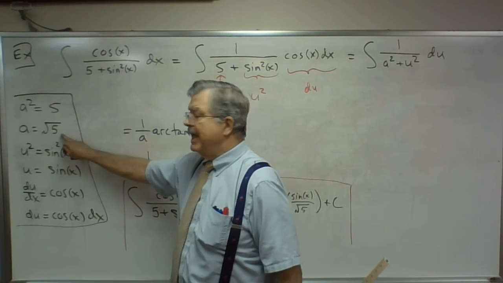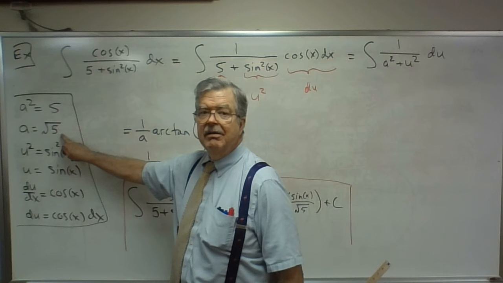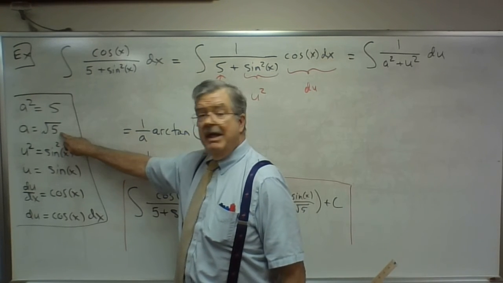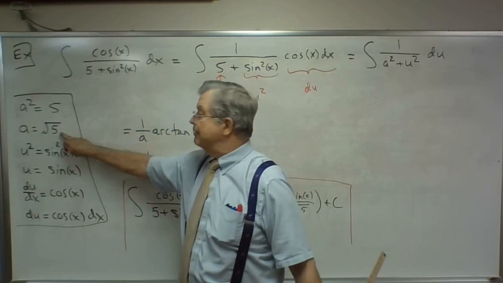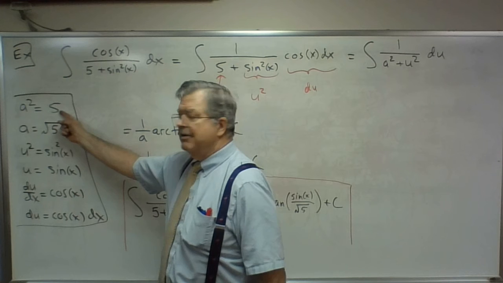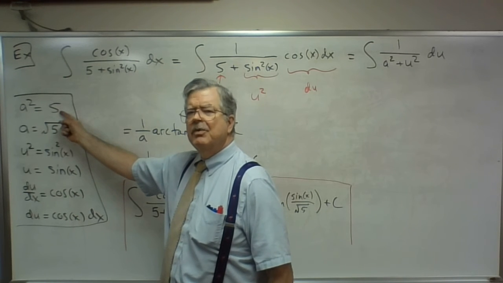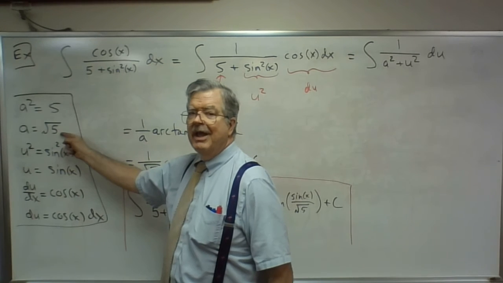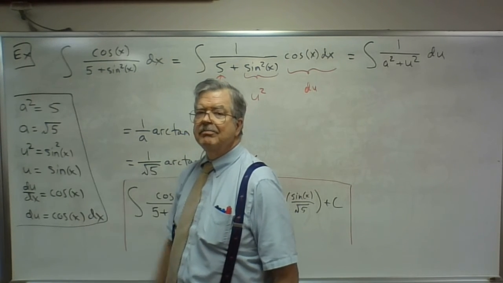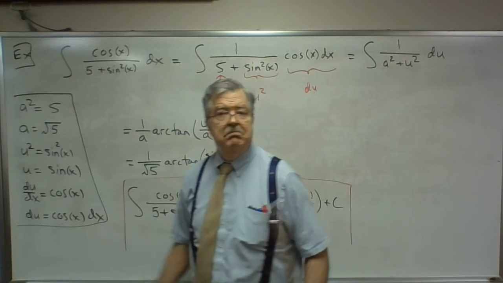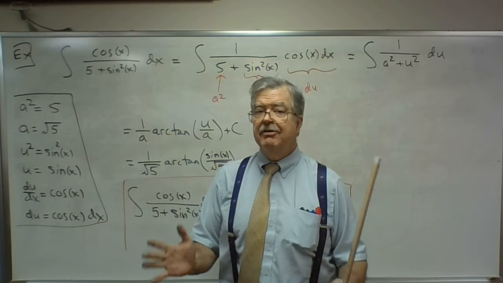And that means that a doesn't have to be a natural number or a whole number. A can be an irrational number like square root of 5. A squared doesn't have to be the square of a whole number. A squared just has to be some positive number.